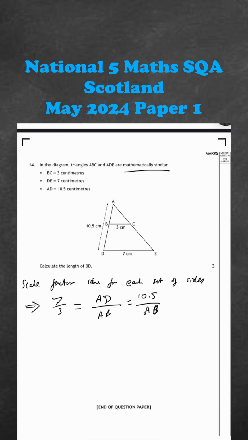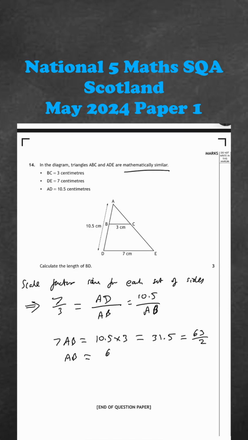So I know we are trying to find BD, but if we find AB first, we can then subtract AB off of AD. So if I rearrange this, I can say 7AB equals 10.5 times 3, which is 31.5, or I can rewrite that as 63 over 2. 7AB, so let's divide through by 7.